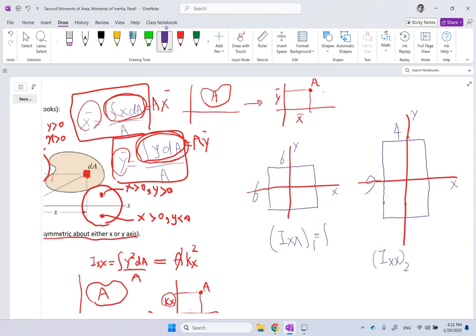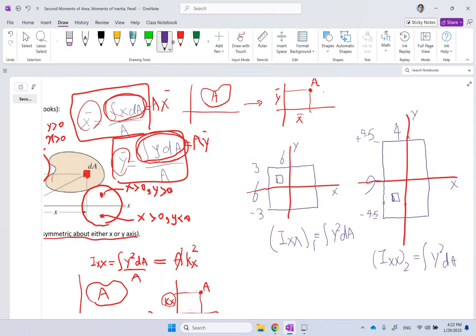Remember, this is the integral of y squared dA, and this is also the integral of y squared dA, but y here can range from negative 4.5 to positive 4.5, while here it can only go from negative 3 to positive 3.